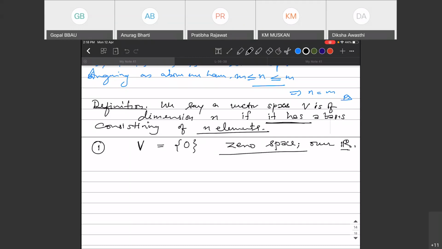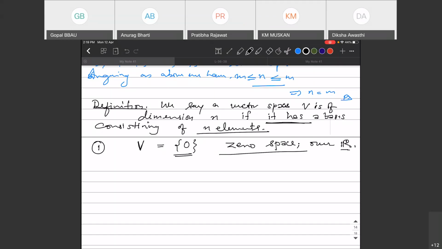What would be its basis? Hello? Am I audible to everyone? Yes, sir. So we have this zero space. The zero space is spanned by zero.